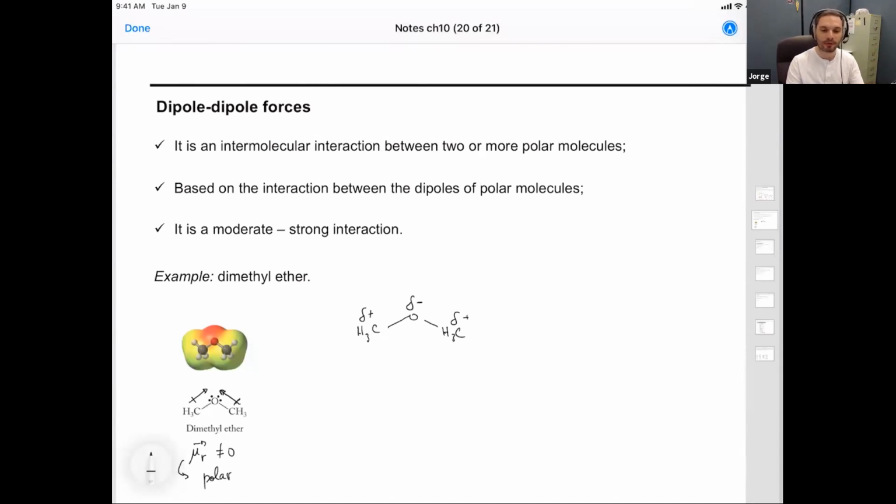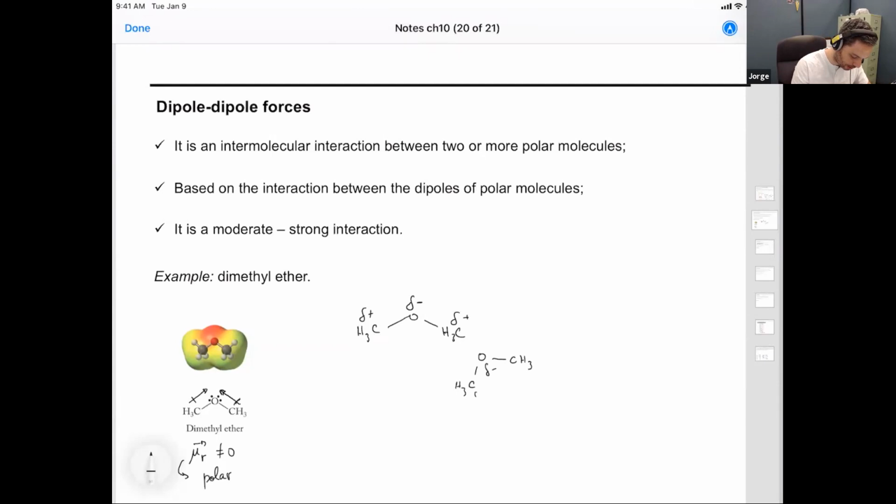Okay, so therefore this molecule is polar and it's polarized. On the oxygen we have an excess of electrons, and on the carbons we have a deficiency of electrons. So this creates a pole in the molecule, like a small charge, and this polarization will attract the opposite sign. So the part of the molecule that's positive will, of course, attract the negative part of another molecule.